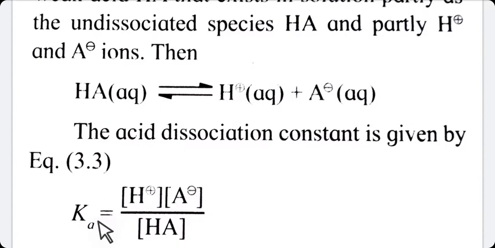Means we are using the solution which is having the volume V decimeter cube. Understand all of you? We are taking a solution having a volume V decimeter cube. In this V decimeter cube of solution, we are taking 1 mole of acid HA.